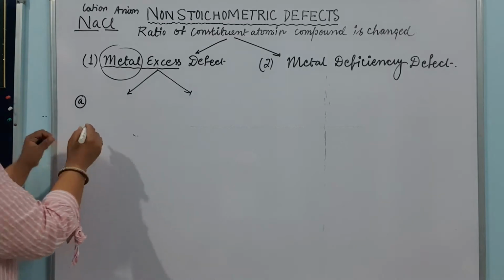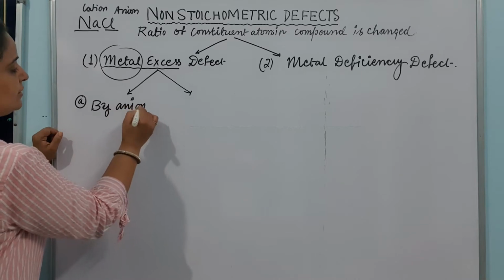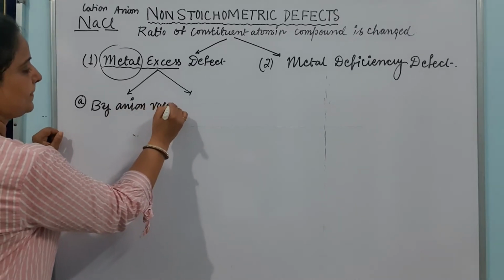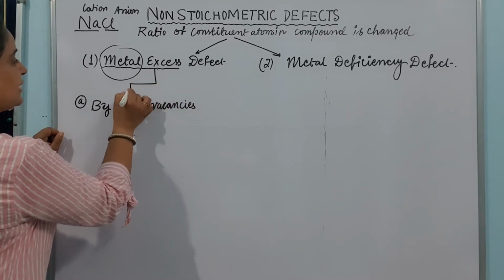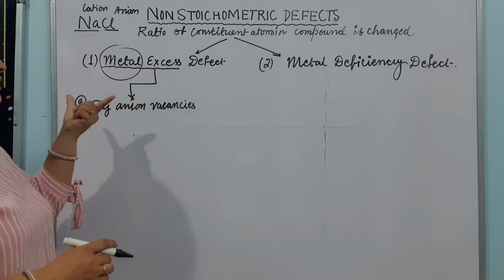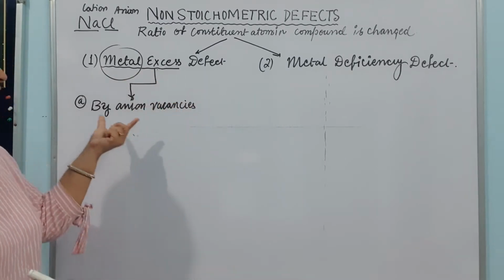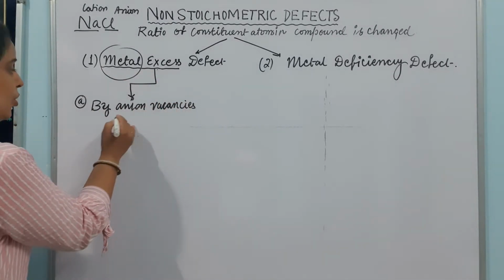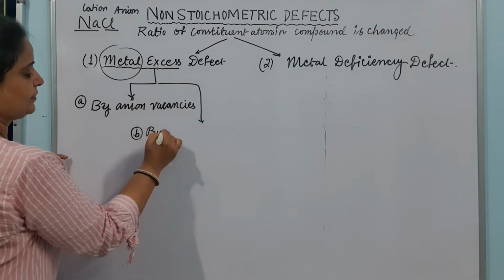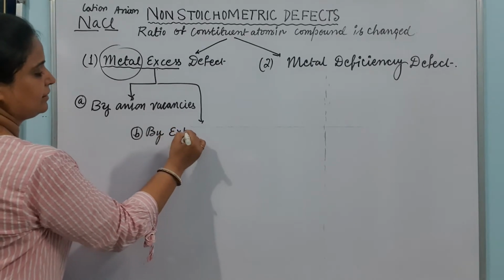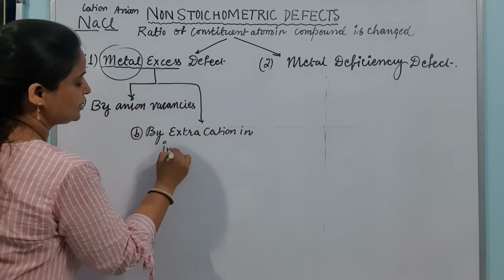The first is by anion vacancies, and the second is by extra cation in interstitial spaces.